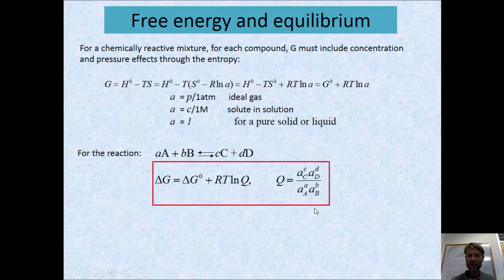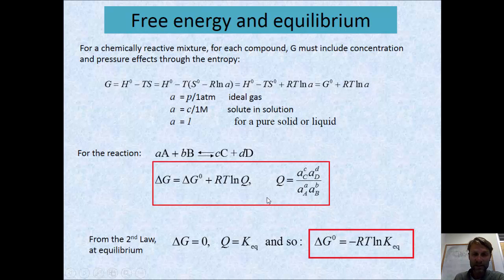We'll be working with Q a little bit more shortly, but a nice result is that we can relate the free energy under standard conditions to the equilibrium constant by saying that from the second law, at equilibrium, delta G equals 0. There's no free energy change for a reaction that is at equilibrium, no driving force.